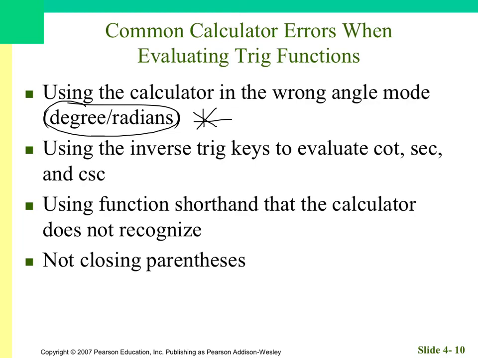And accidentally using the inverse key is another one, instead of using the inverse trig keys to evaluate cotangent, secant, and cosecant. That's what we have to be able to do. We'll talk about that if we come across a problem, okay?